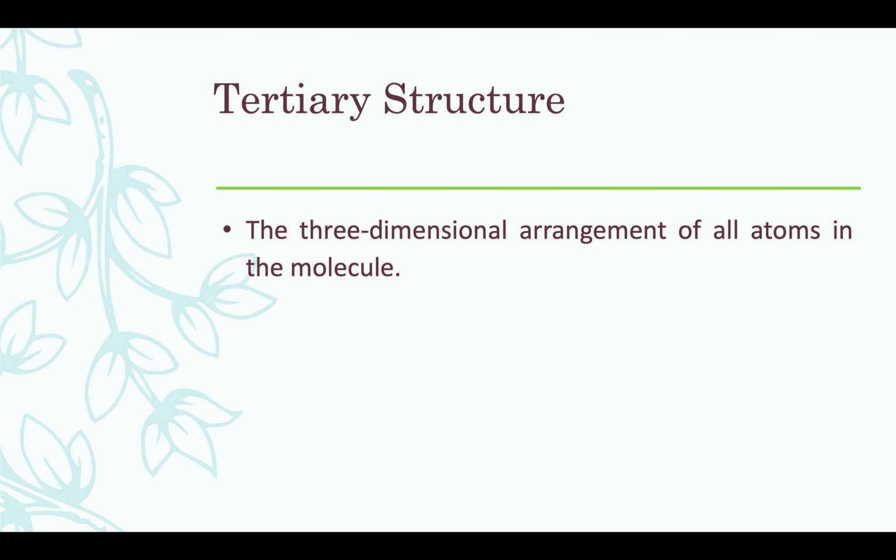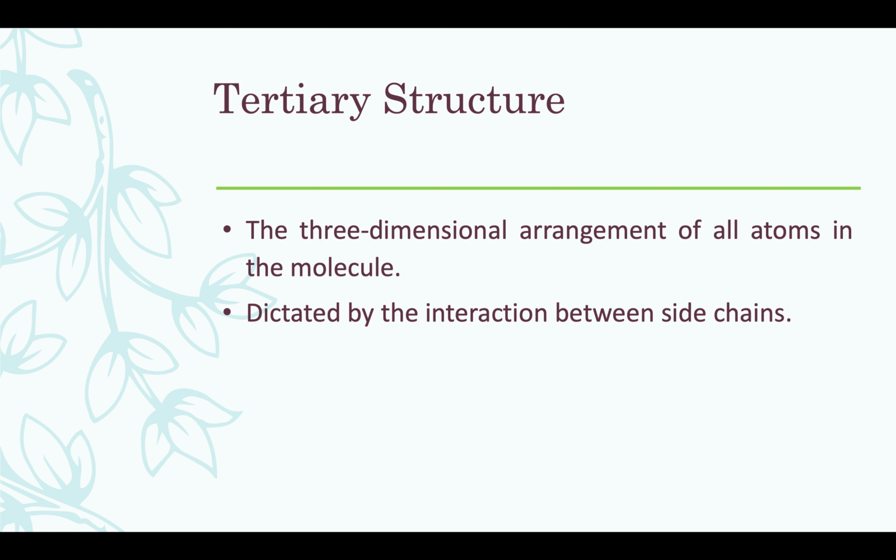By the way, your prosthetic groups refer to the portion of proteins that do not consist of amino acids. Okay, note here that this structural level is dictated by the interactions between side chains. Or to put it simply, it's the interaction of R groups.